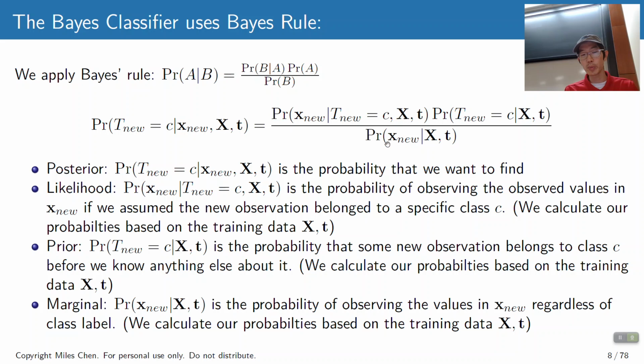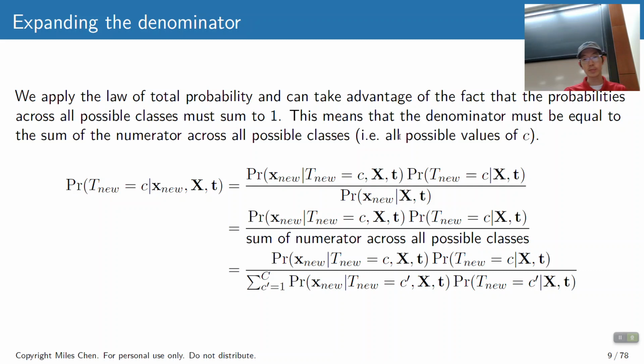And then in the bottom we have what we call the marginal probability. This is the probability of getting these values in x new, petal length 5.1, regardless of class label, whether it was Setosa, Virginica, or Versicolor, whatever it is. So we're going to expand this denominator to simplify our calculations.